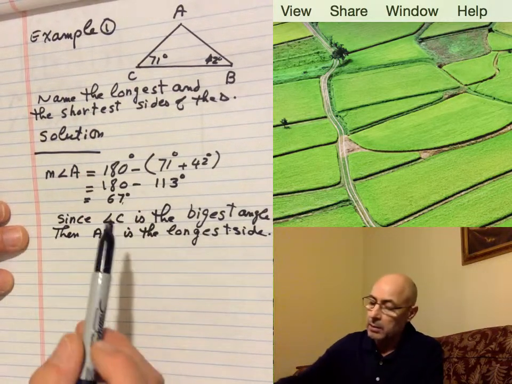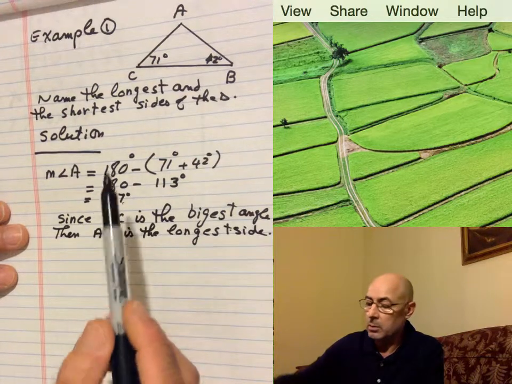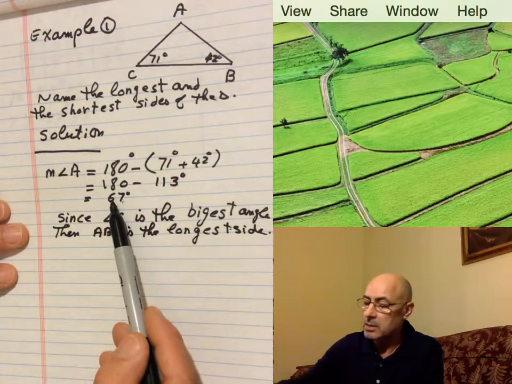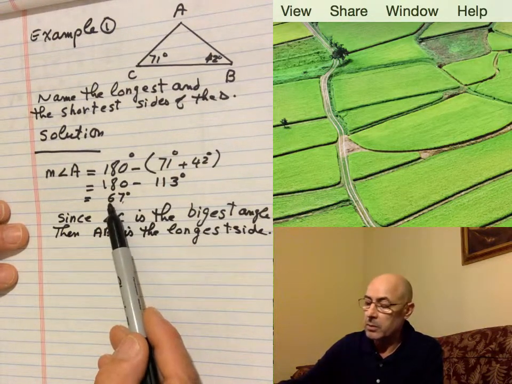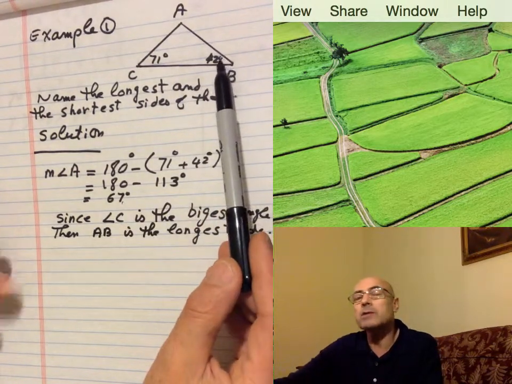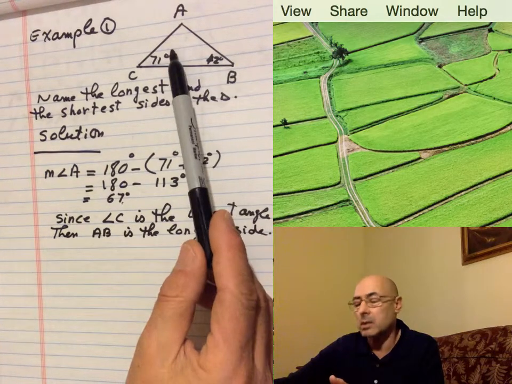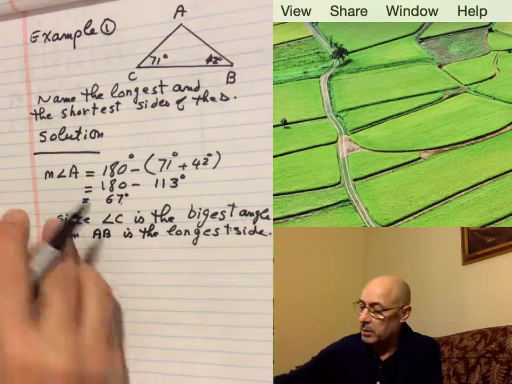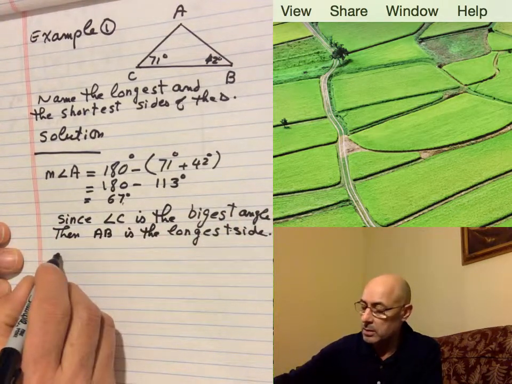Now, which angle is the smallest angle? We have 42, 71, 67. So the smallest angle is 42. So the side across from the smallest angle is going to be the shortest side. So I can repeat what I wrote here, but for the shortest and the smallest.